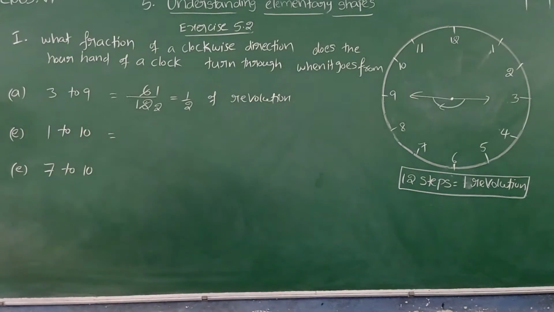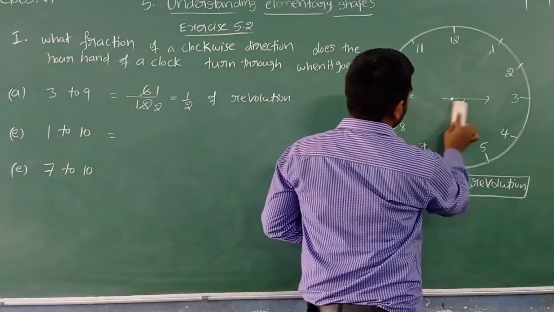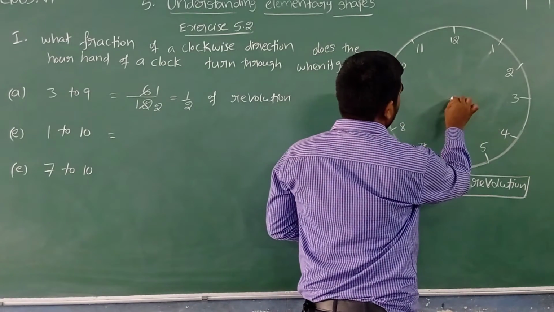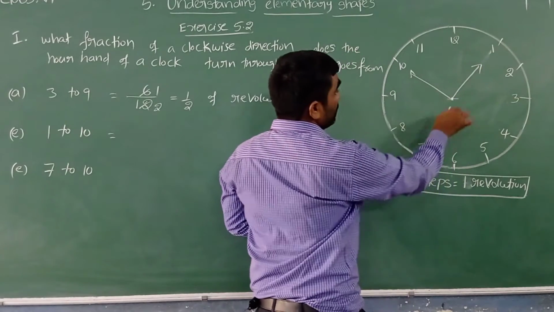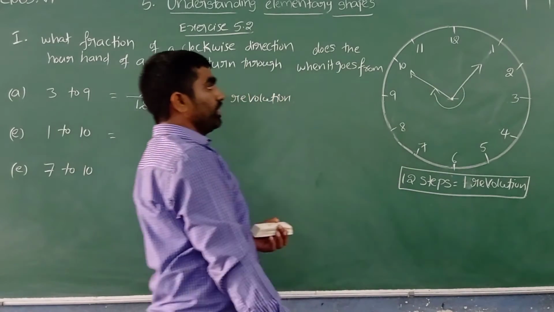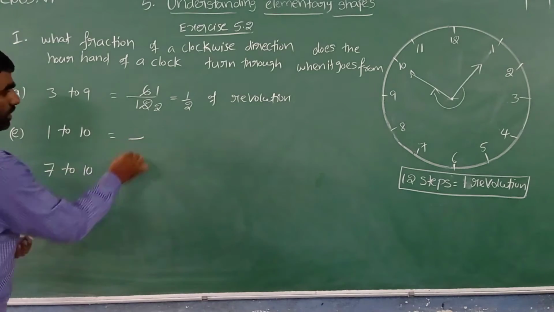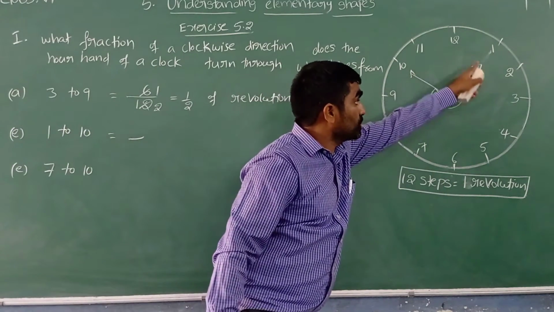Now next we will see 1 to 10. When I turn from 1 to 10 in the clockwise direction, we have to find what part of a revolution we are going to cover. Total, one revolution is nothing but these 12 steps.